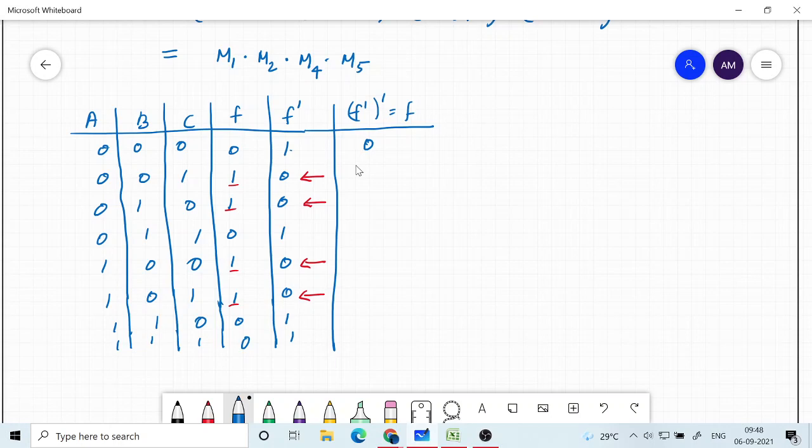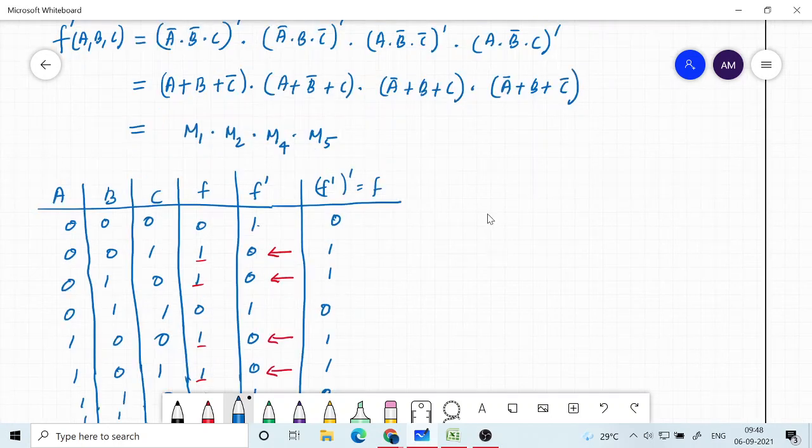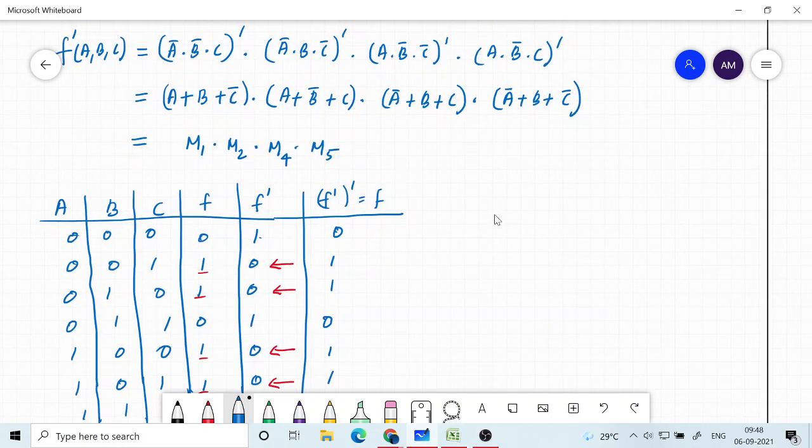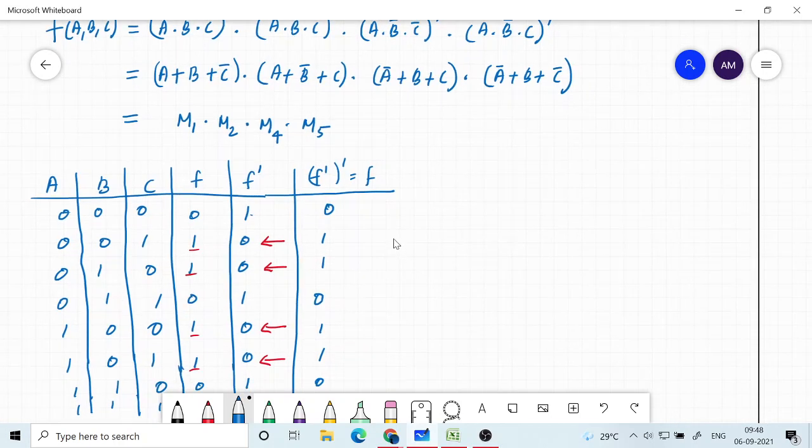So in order to convert the given Boolean expression into POS form, what we need to do is basically start with the minterms of the complement, and then apply one more complement and use DeMorgan's theorem, and you will get the max term. Okay.